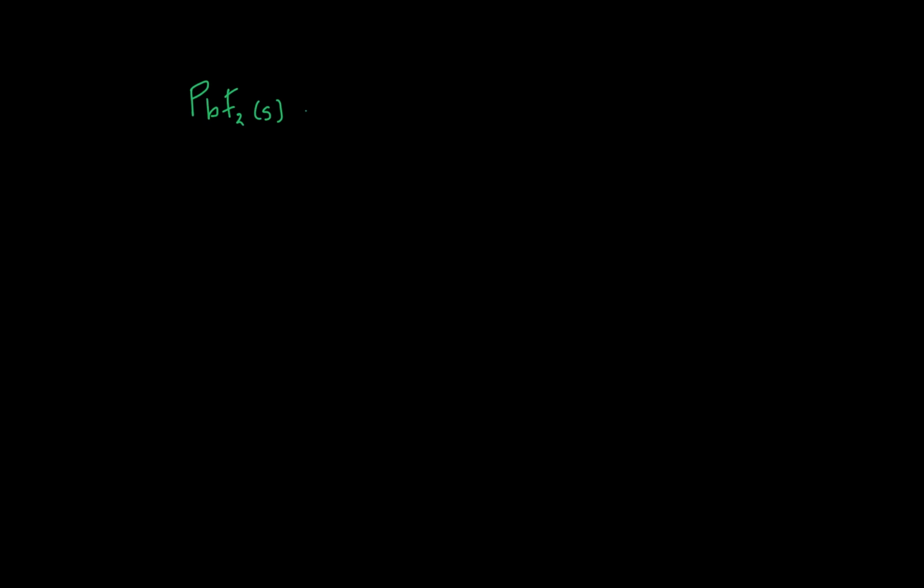This is obviously solid again. And this is going to give us lead 2 plus, and this is aqueous, plus 2 F minus aqueous. We're getting that 2 here from the 2 over here in the formula.